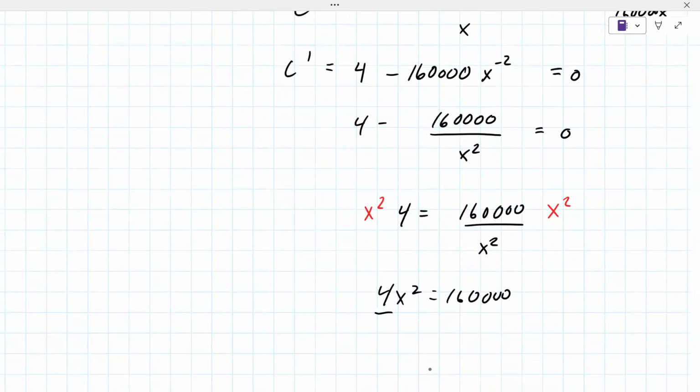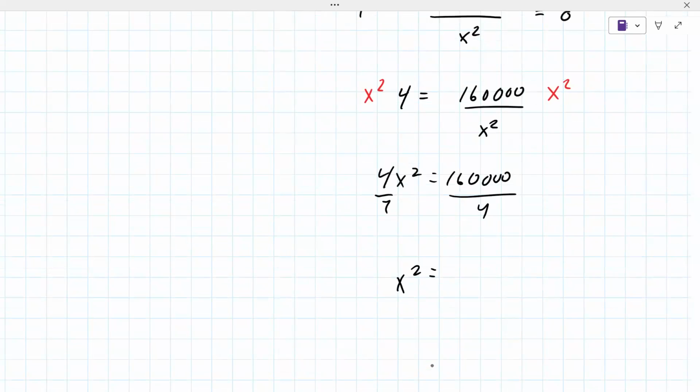And then you divide by 4. This does not work out nicely. Maybe it does. Yeah, it does. Okay, so take the square root of both sides. Square root of 40,000 is 200. So X equals 200.